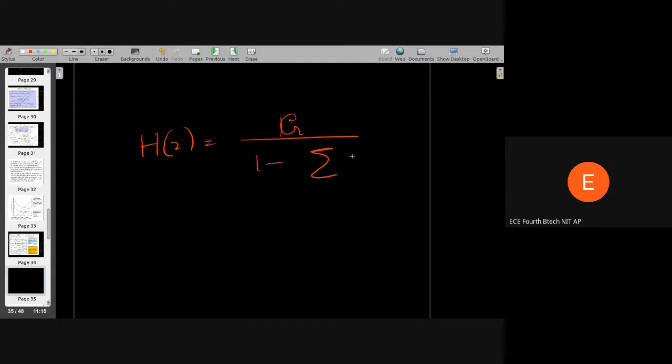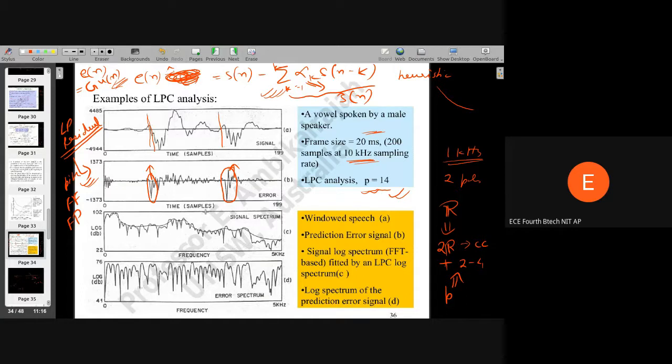We model this in source filter theory as a k, and we hope that alpha k is nearly equal to exactly equal to a k. Obviously z equal to e to the power j omega. If you put that in, you get the transfer function, the frequency domain magnitude spectrum of the system. Now, if you plot the magnitude spectrum of the system, this is what it looks like. See this? You see this line?